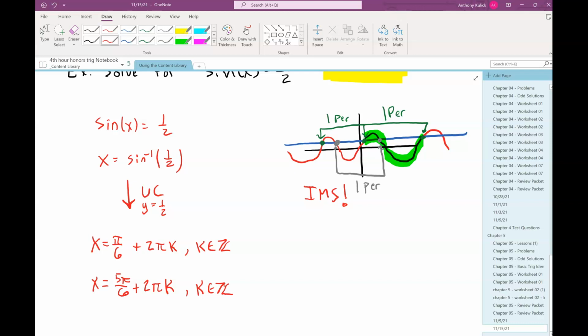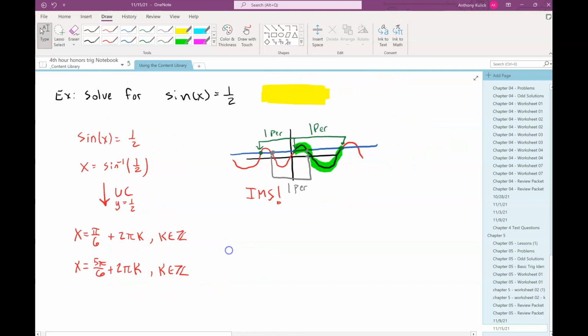Now, if we had asked for instead to solve this answer from, say, 0 to 2 pi, well, all we need are the two answers from the unit circle, right?